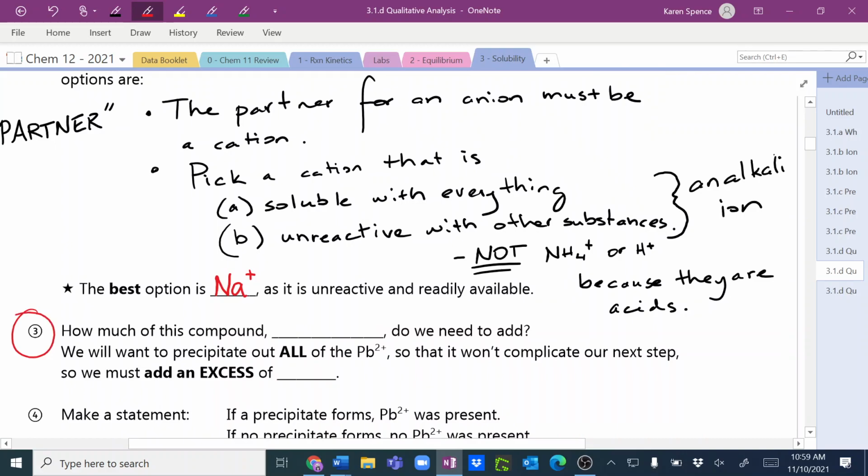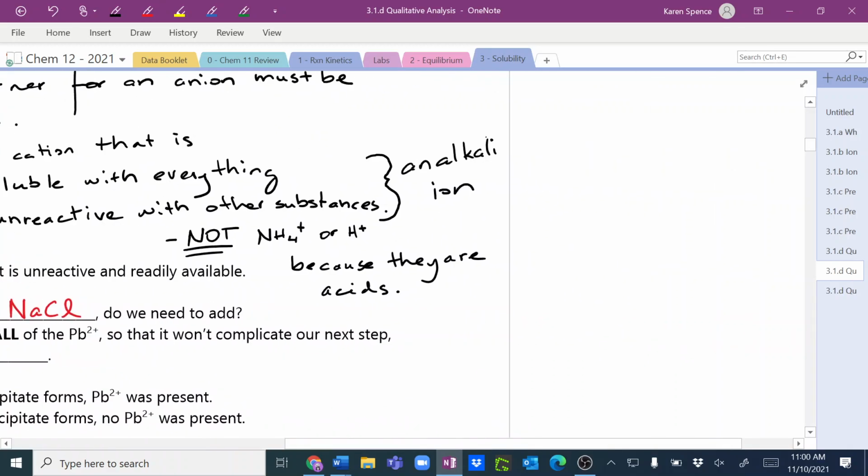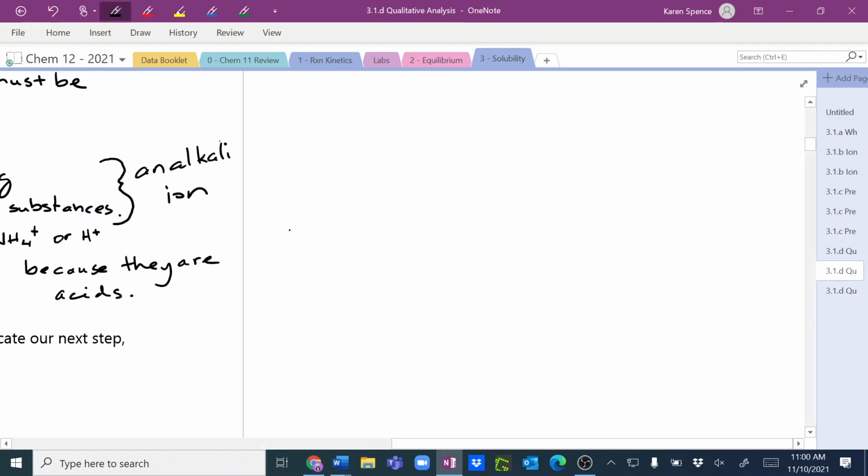In our third step, we're going to ask ourselves, how much of this compound do we need to add? We have sodium paired up with chloride. How much of this compound, sodium chloride, do we need to add? In our beaker, we have some lead, possibly.